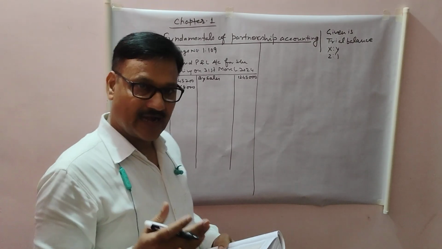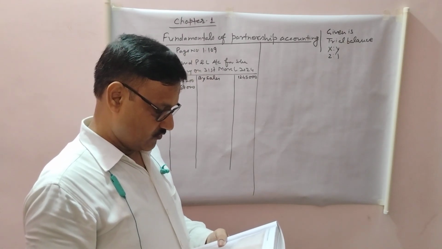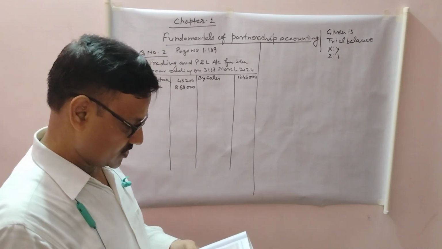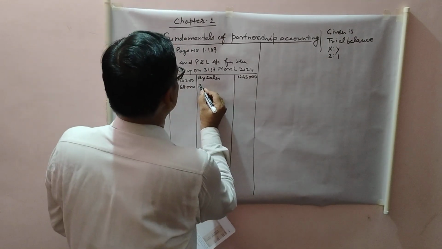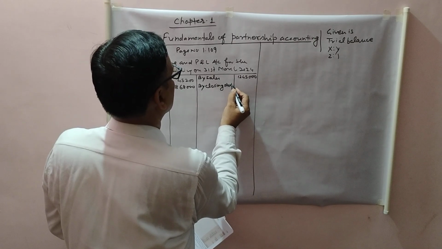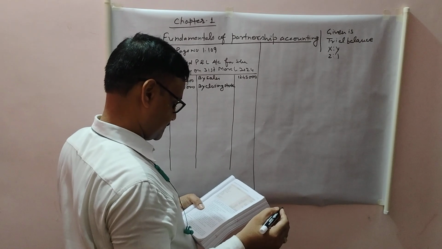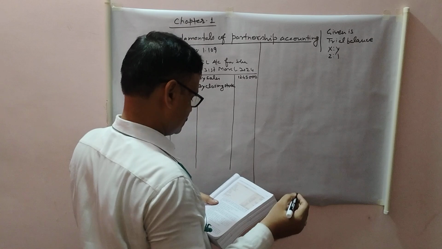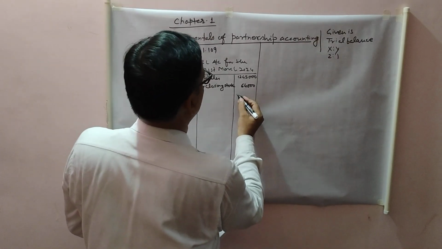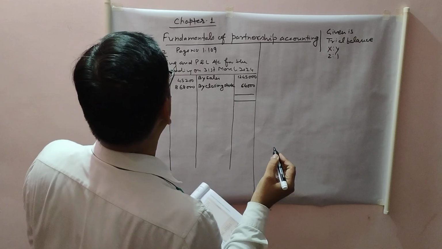Now, certain adjustments are given in which we have to take value of closing stock on 31st March 2024, that is 64,000. So, by closing stock 64,000. Let us total it and see whether there is gross profit or gross loss.